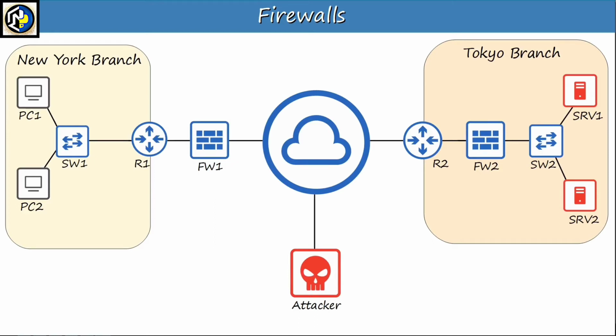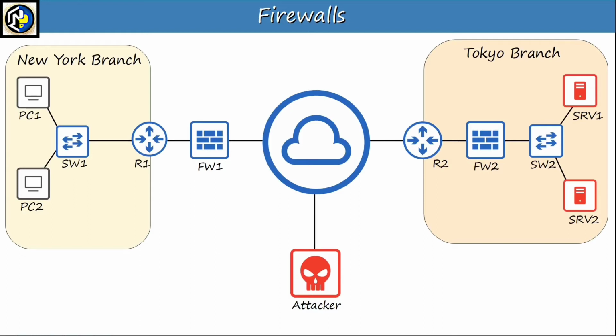Firewalls are specialty network security devices that control network traffic entering and exiting your network. Firewalls can be placed outside of your router, like Firewall 1, or inside of your network, like Firewall 2. What's important is that they protect the end hosts inside, like the PCs and servers in this network.